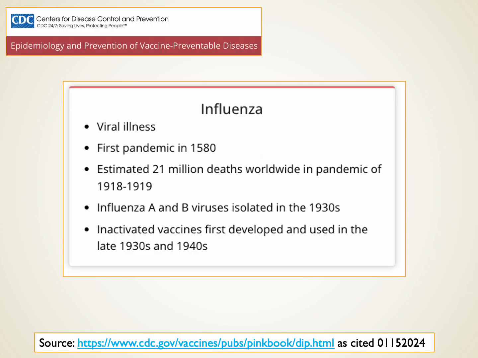It's a viral illness that had its first documented pandemic in history in the 1500s. But if you're familiar with history, and I think most folks who've gone through COVID heard about somewhere around 21 million deaths worldwide in the influenza pandemic of 1918 and 1919 during World War I. They first isolated the viruses in the 1930s and started with vaccines by the late 30s and early 40s.